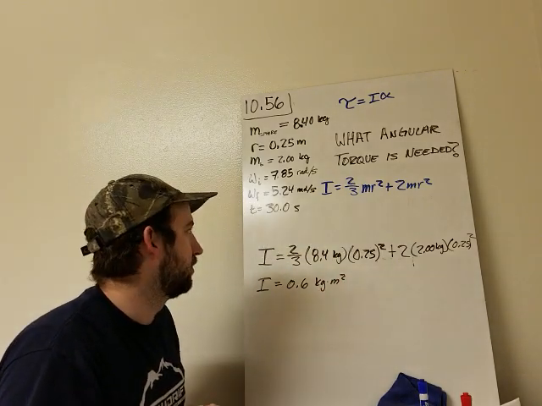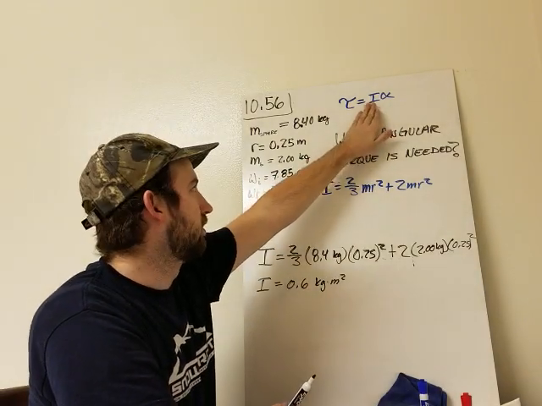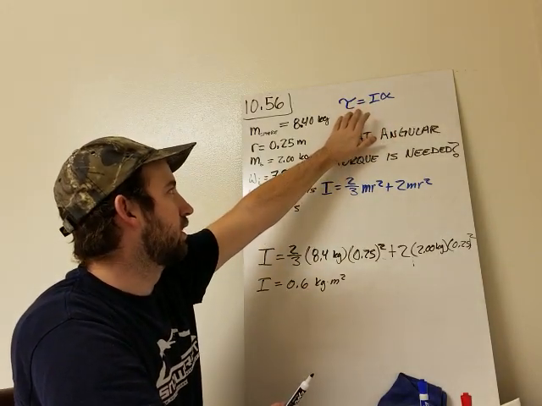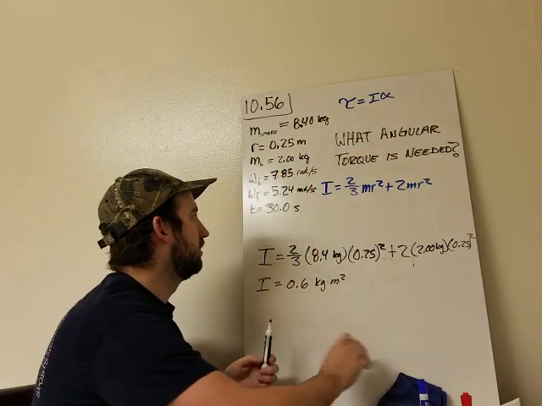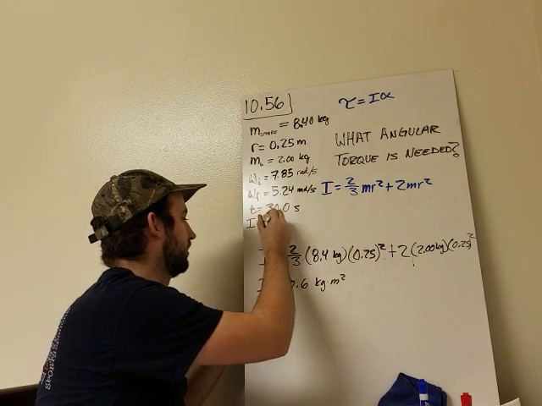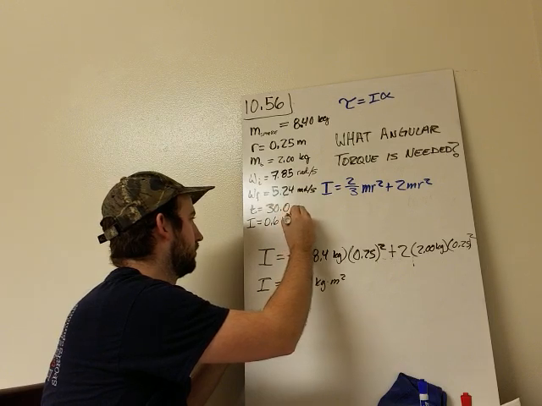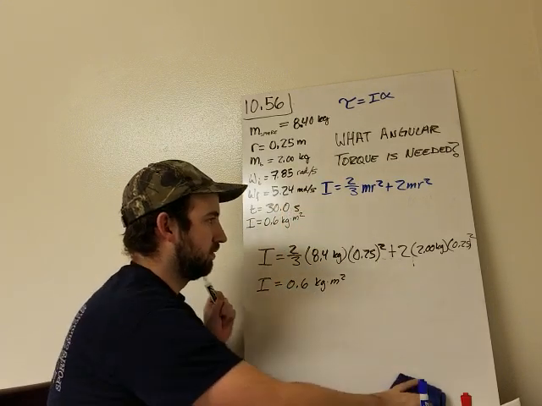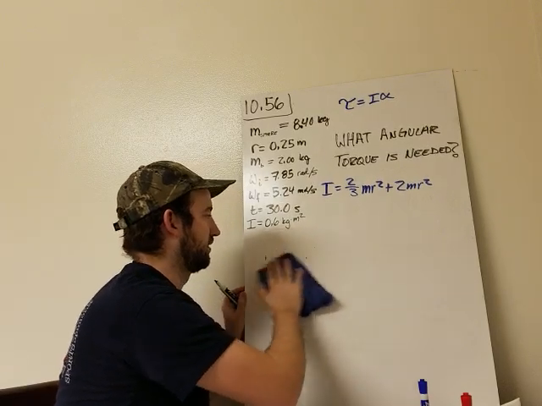Now we know the moment of inertia, so we know one part of our torque, because that's what we're aiming for. The next thing we need is our angular acceleration. I'm going to write the moment of inertia up here and give myself some more room.